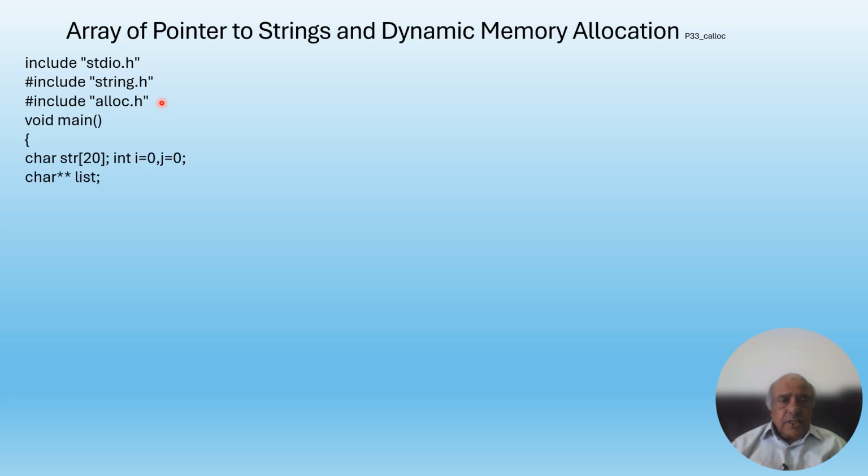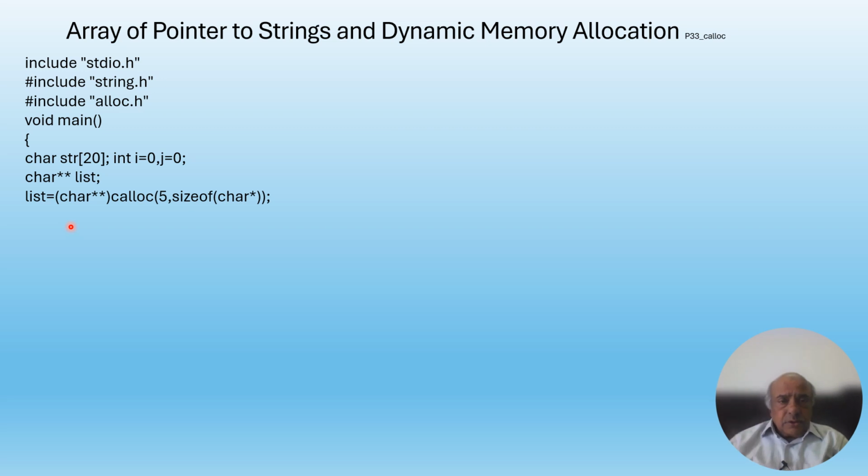Then we have declared a few variables: one string str, two int variables, and one pointer to a pointer of type char, char **list. List is a pointer to a pointer of type char.